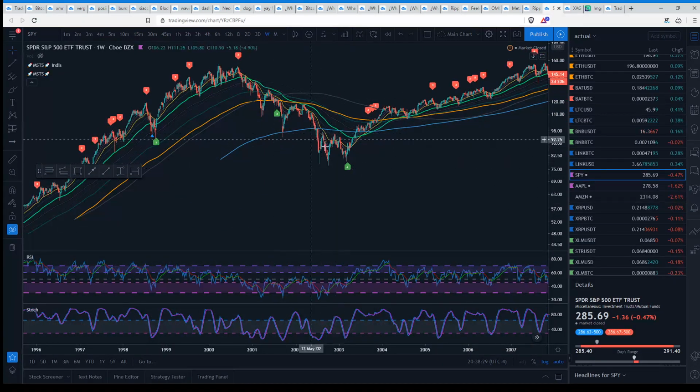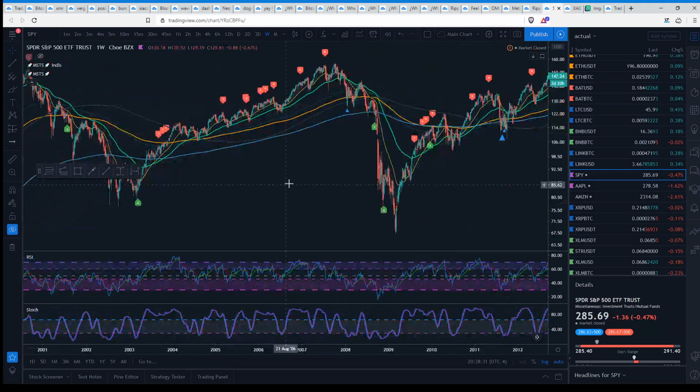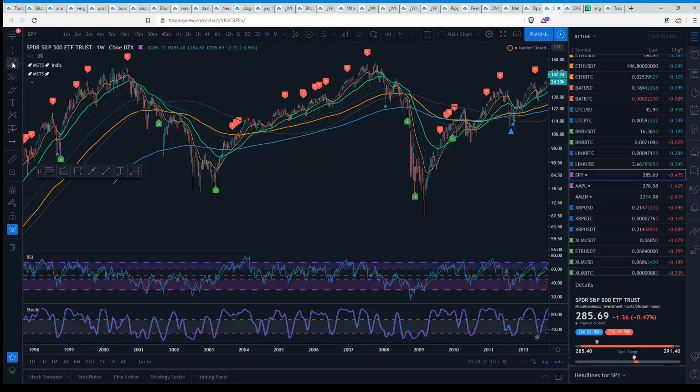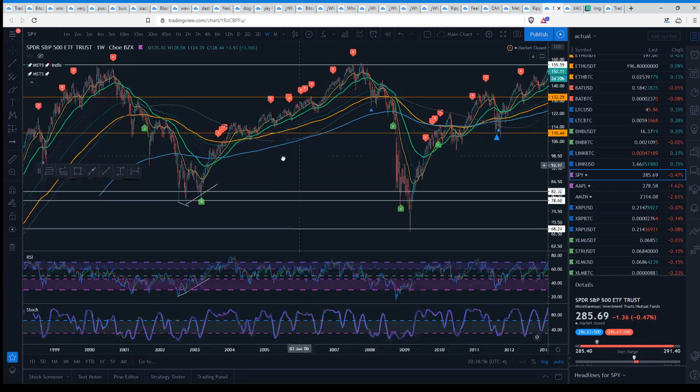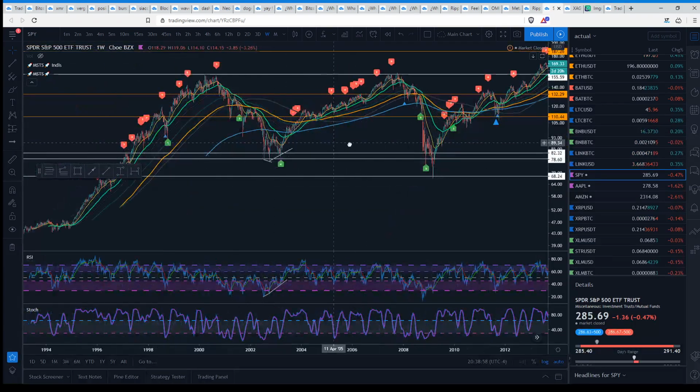Look right here, the bottom of this crash. Let's see, what do we have here? We have bullish divergence, bullish, and bullish, and my indicator is basically confirming me a bottom right here.